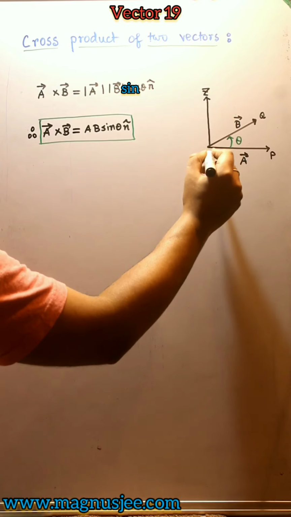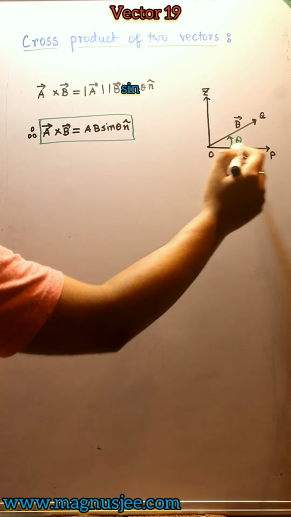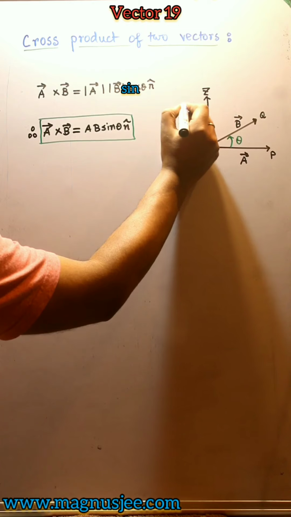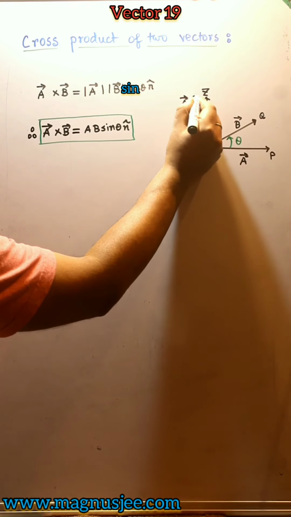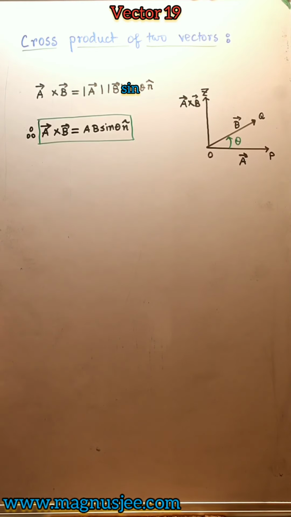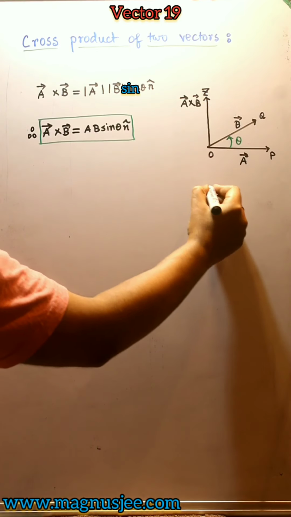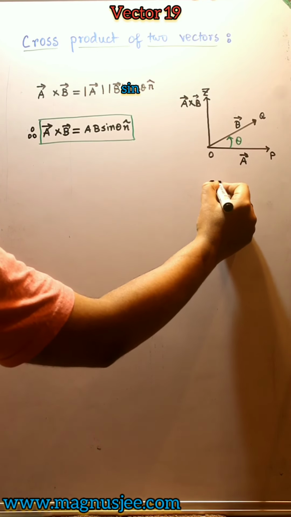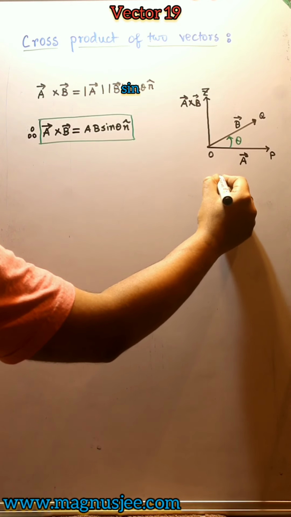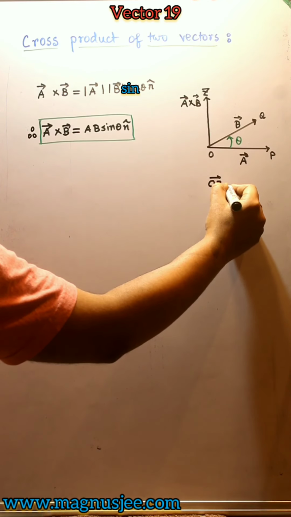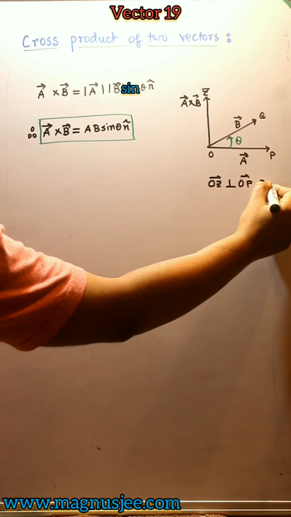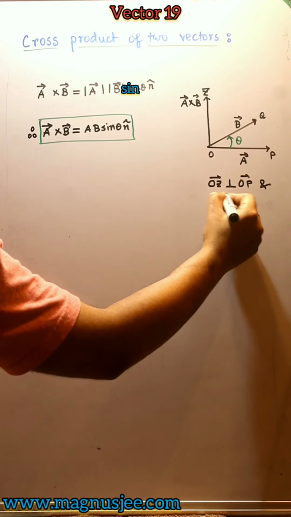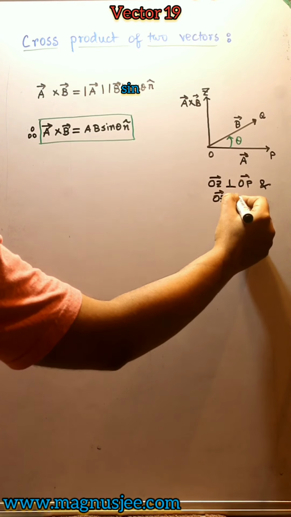In this direction, we can consider OZ, along OZ, vector A cross vector B will act, and OZ is perpendicular to the direction OP, and also perpendicular to the direction OQ. Vector OZ is perpendicular to vector OP and vector OQ.